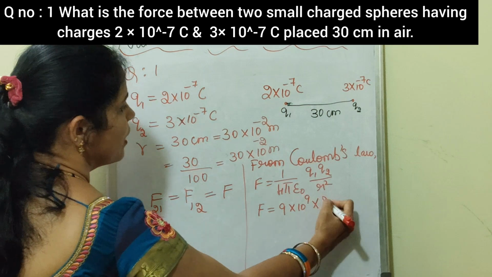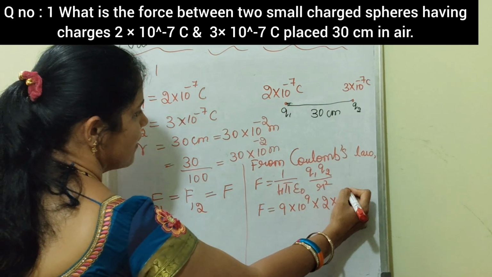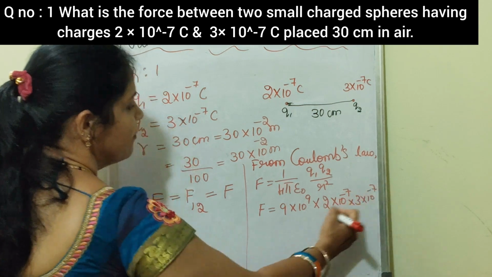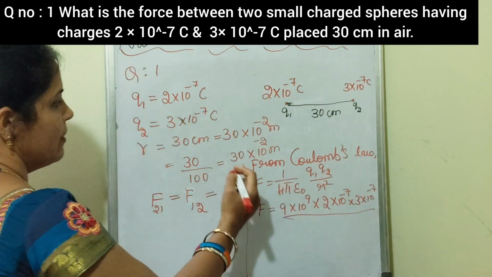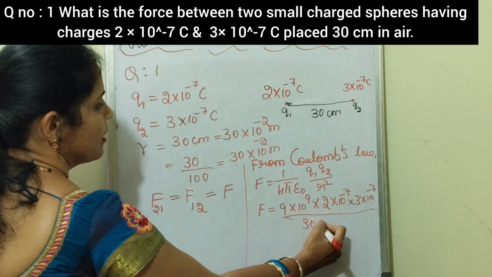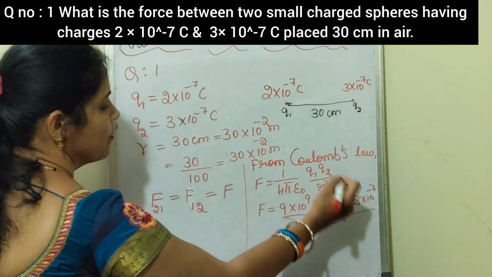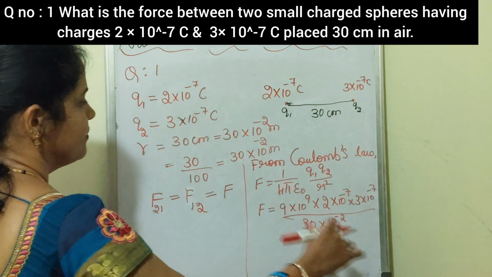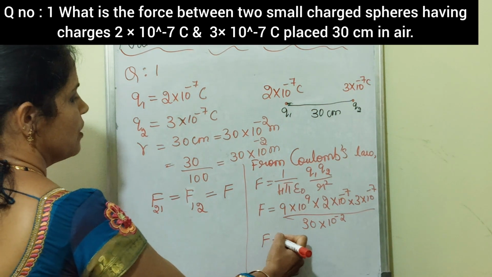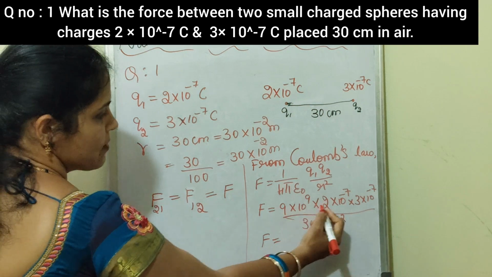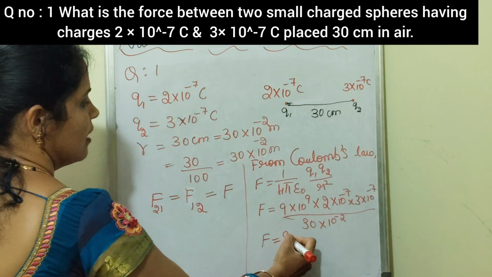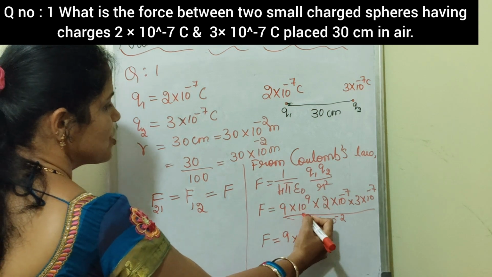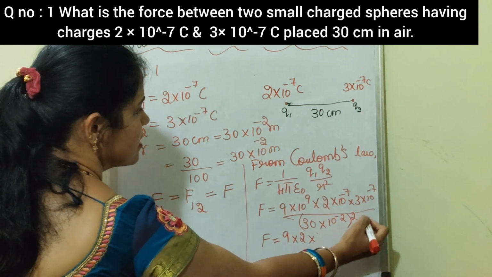Q1 is 2 into 10 to the power minus 7. Q2 is 3 into 10 to the power minus 7. And the distance between them is 30 into 10 to the power minus 2. Now, first let us write F is equal to, I'll multiply the integers first. 9 into 2 into, sorry, here R square, so square it.